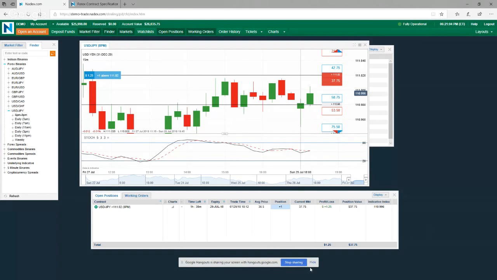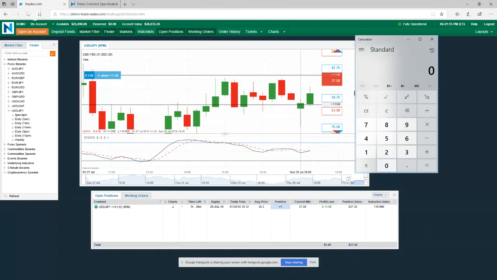Now, what would we receive if this actually does expire greater than 111.02?